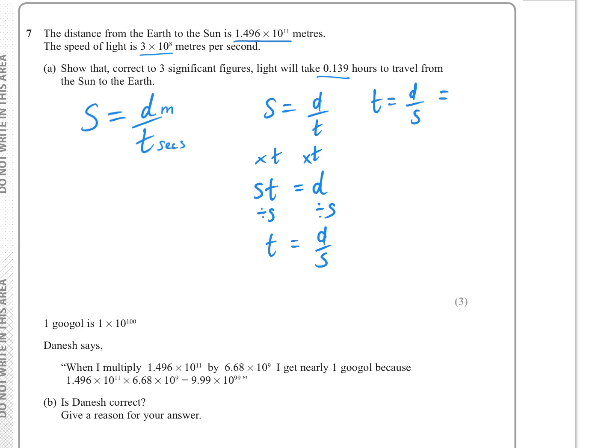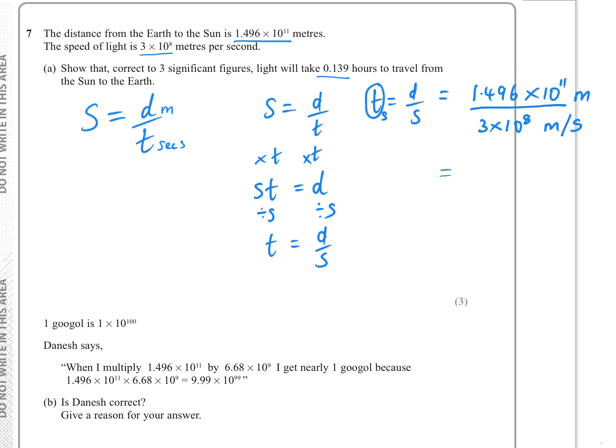So the distance will be 1.496 times 10 to the 11, and that's in metres, so put the units there to help you. And then the speed is 3 times 10 to the 8 metres per second. So why does that give us a time, which happens to be in seconds?